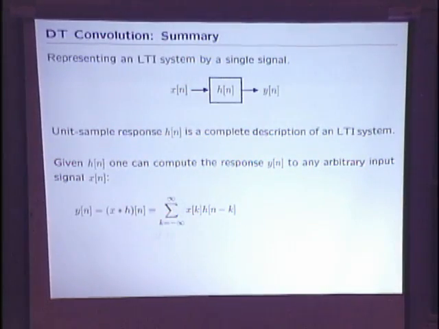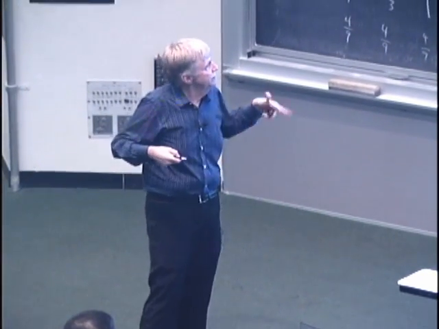And so the idea then, the big picture, was that convolution is a different way to represent a signal, a system. Using convolution, we represent an entire system by a single signal. That signal, the unit sample response, is sufficient to characterize the output of the system for any possible input.